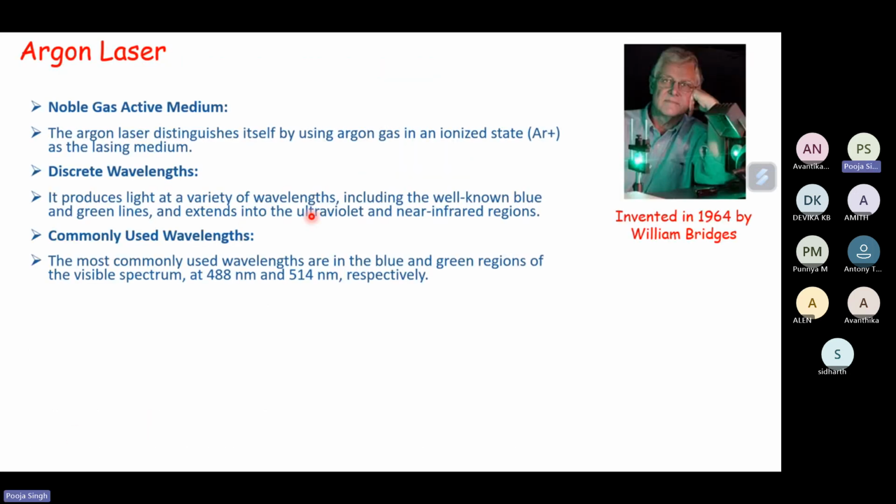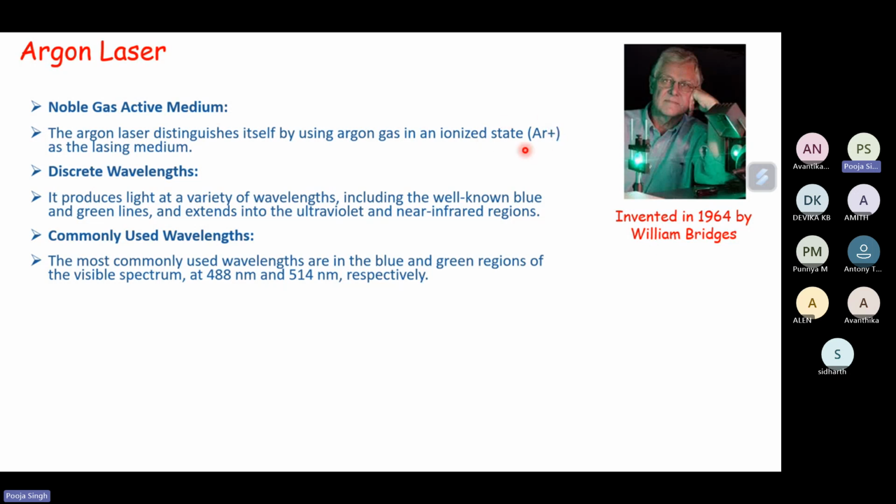Next is the argon laser. We can say from the name only, the active medium is argon, a noble gas. The argon laser distinguishes itself by using argon, and the scientist who developed it is William Bridges.